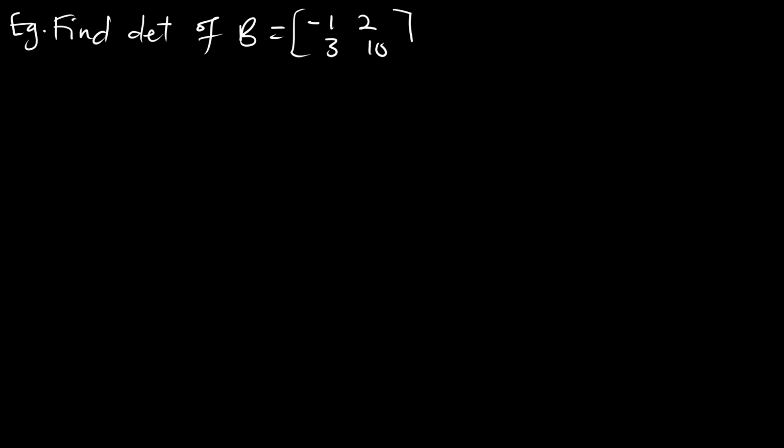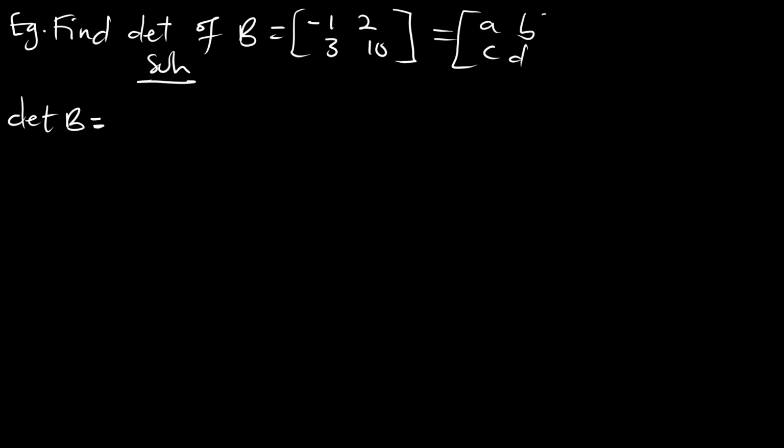This is the matrix. So we know that delta of matrix B, let's assume this matrix in the form A, B, C, D, and the delta is going to be the product of the major diagonal minus the minor diagonal BC.